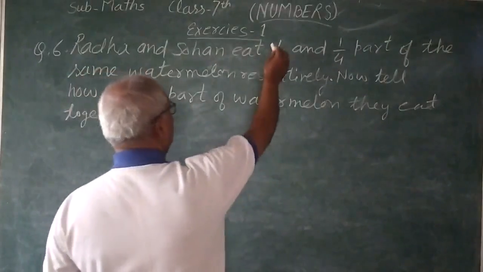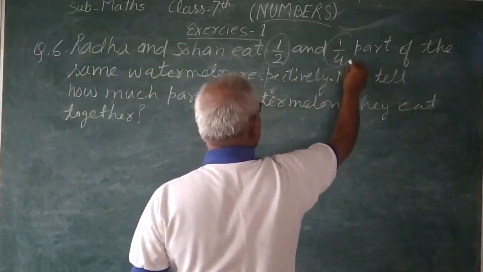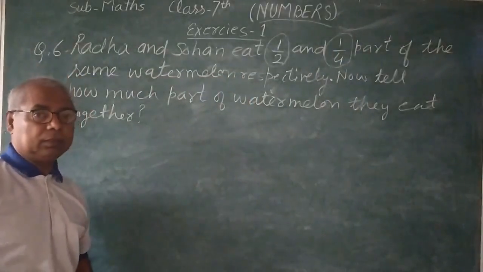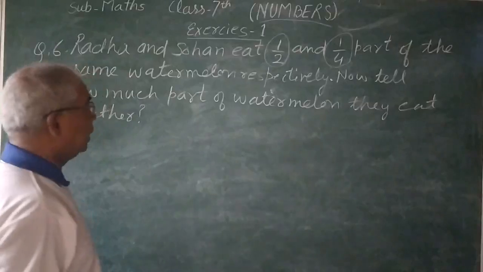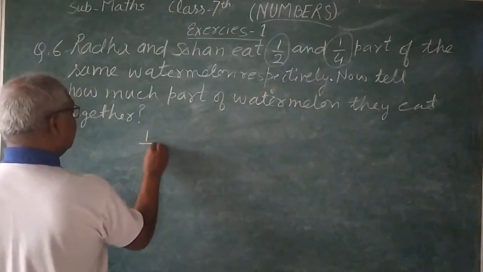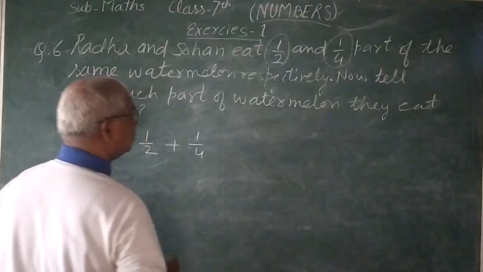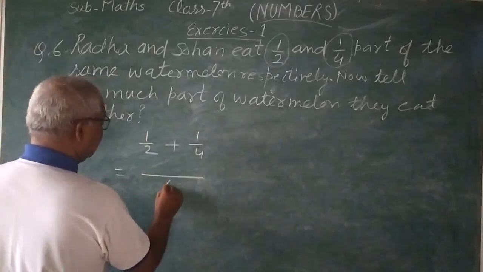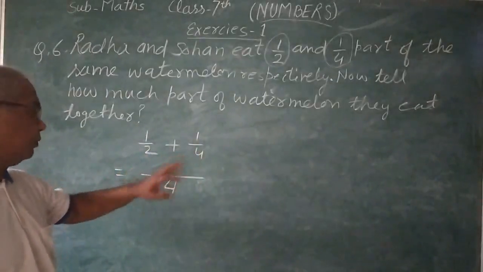So 1/2 part and 1/4 part. They are eating separately, so it's an addition question. So how can we add? First write 1/2 plus 1/4. Taking their LCM, the LCM of 2 and 4 is 4.